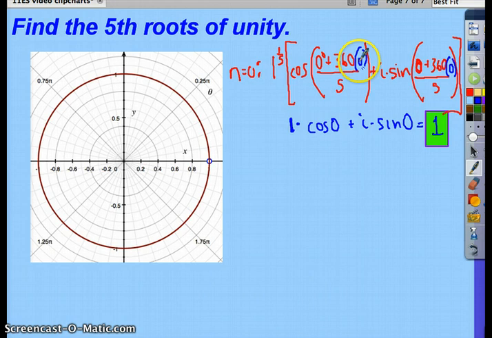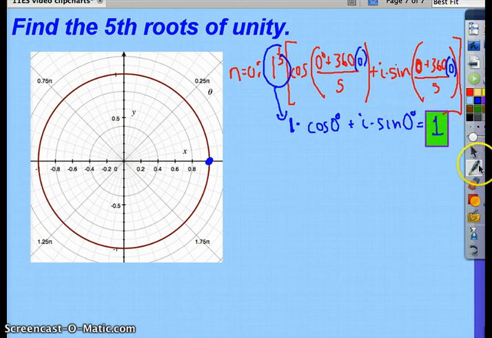Again, using our formula, n is 0 for our first root. I'm taking 1 to the 1/5, which you already know this piece is 1. 0 plus 0 divided by 5 is still 0. So what you'll notice, 1 is always one of the roots of unity. For n equals 0, we get a root of 1.